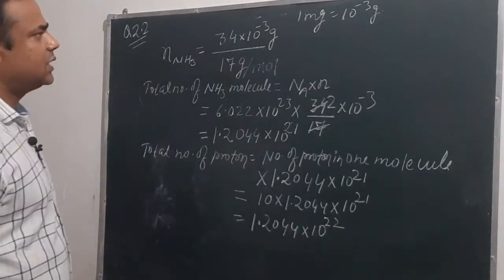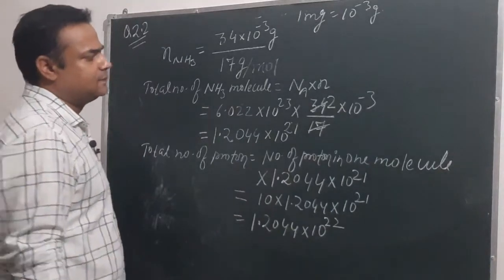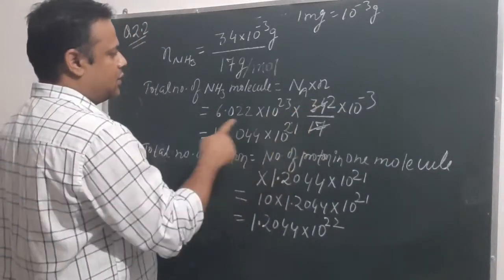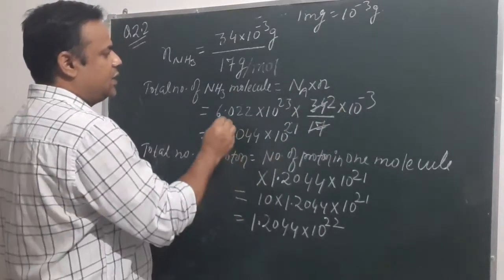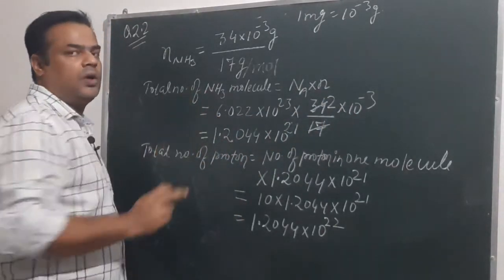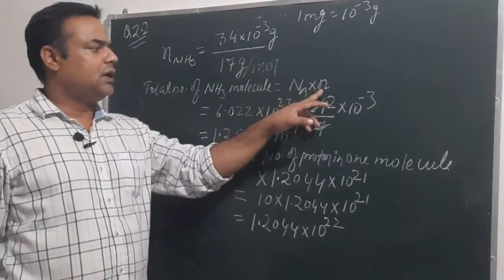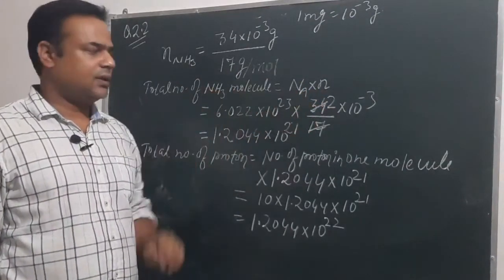Then we will get the moles, and that mole is 34 by 17 into 10 to the power minus 3, and we know that total number of molecules equals number of moles into Avogadro number.